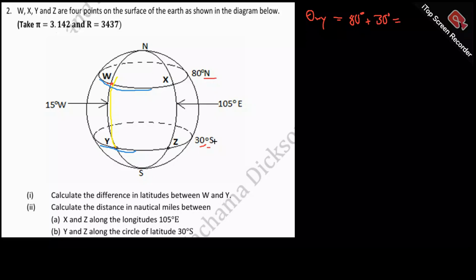So when we add, we're going to add because the sides are different. When we add, we're going to get 110 degrees. And we said no need of adding north, south, west, east. Just an angle. Let's move on to the next one.